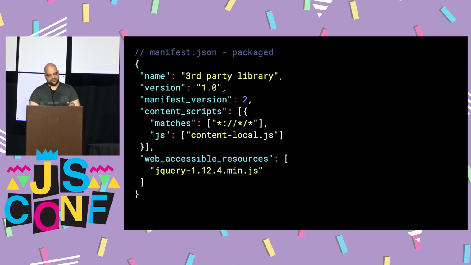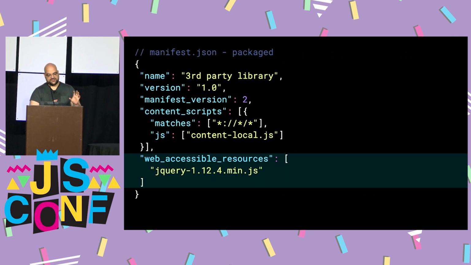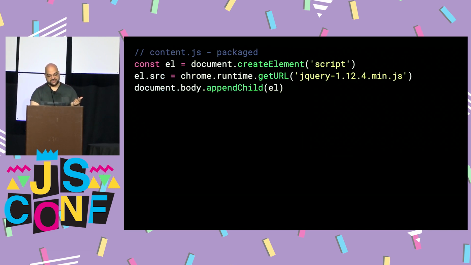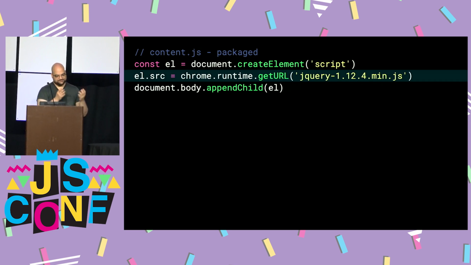In the new world, we're going to need to explicitly expose the jQuery library using web-accessible resources, and we're bundling the library with our extension. And then when we want to inject it, we just use chrome.runtime.getURL to retrieve a URL in order to load this specific file. The rest is basically the same.